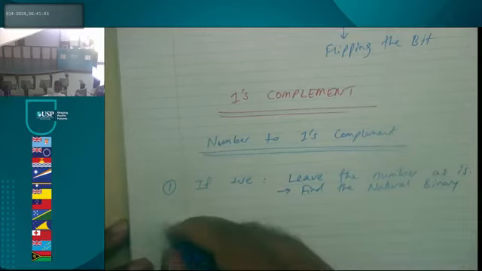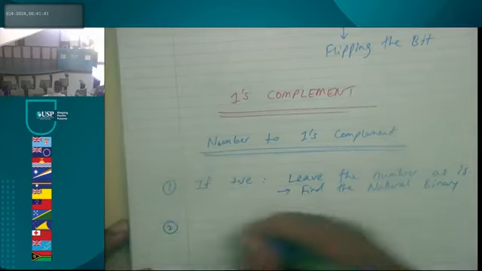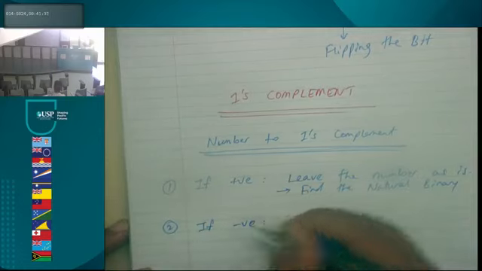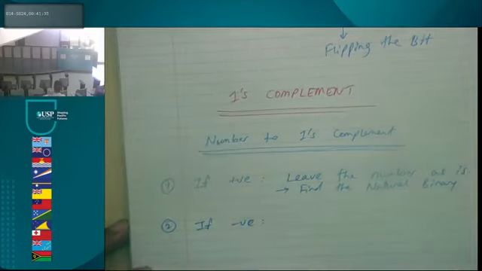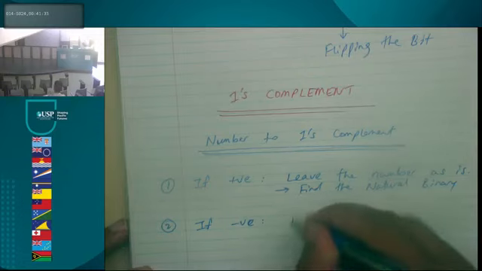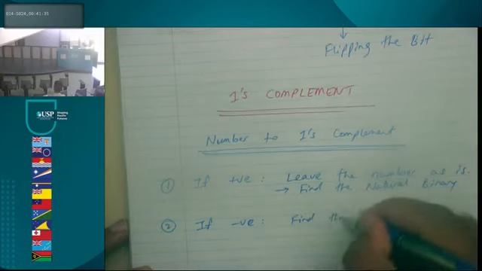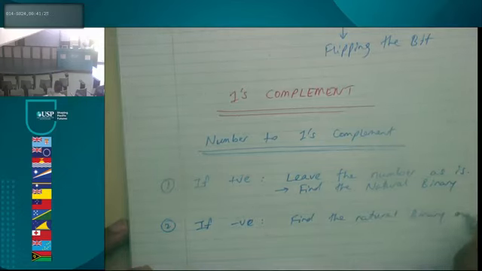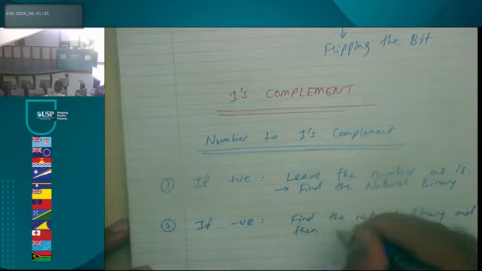Number 2, if it is a negative number, we find the natural binary and then we flip.